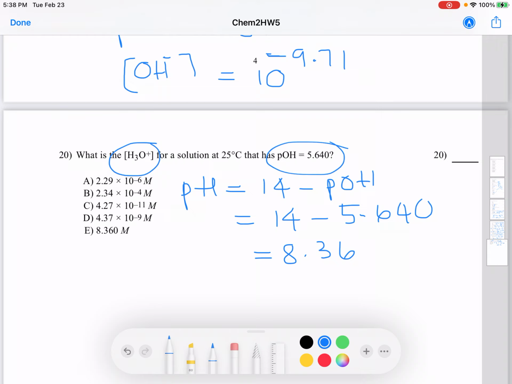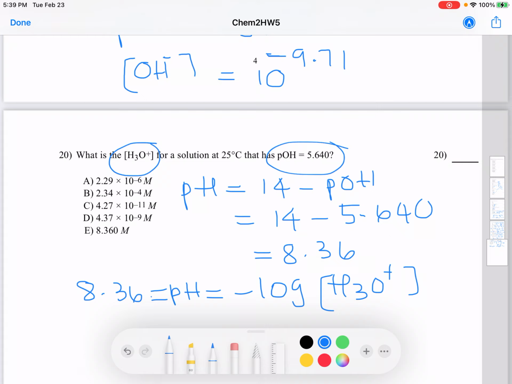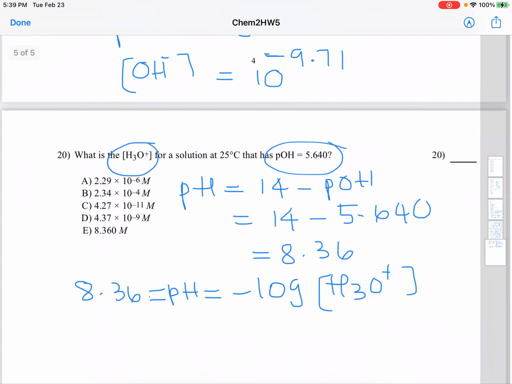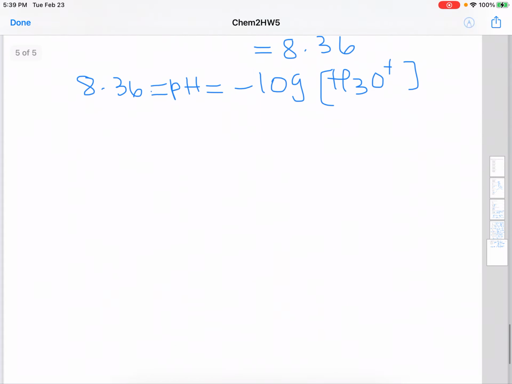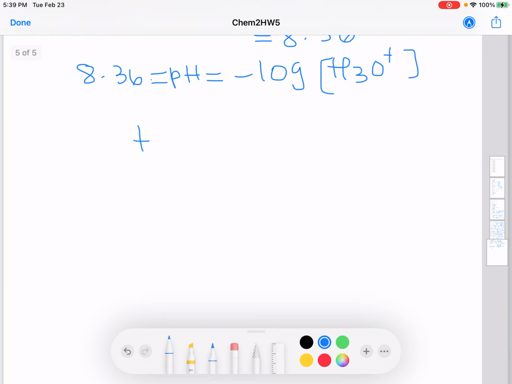That's pH. 8.36, which is pH, equals negative log hydronium ion concentration. So then hydronium ion H3O plus would be 10 to the power of negative 8.36.